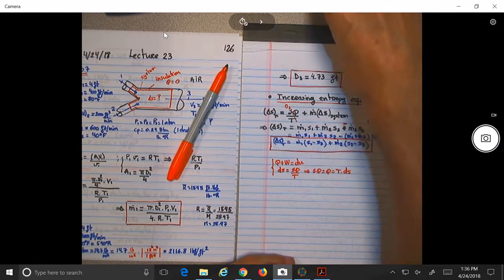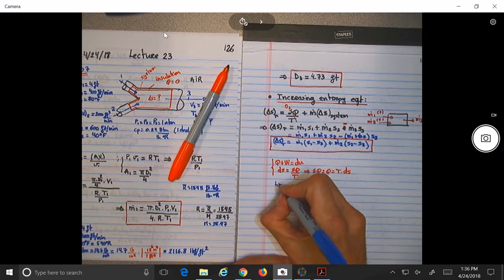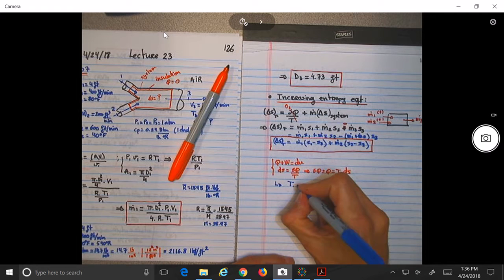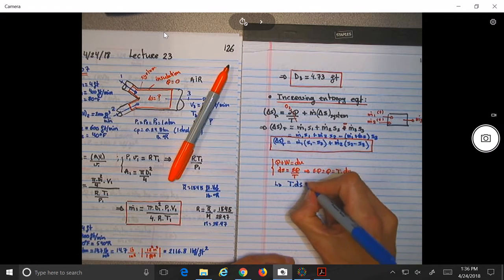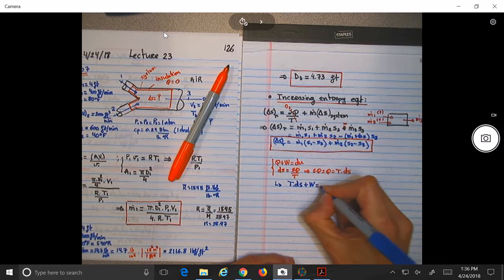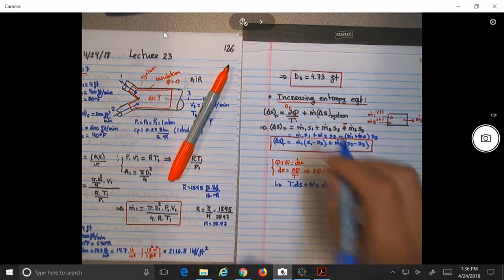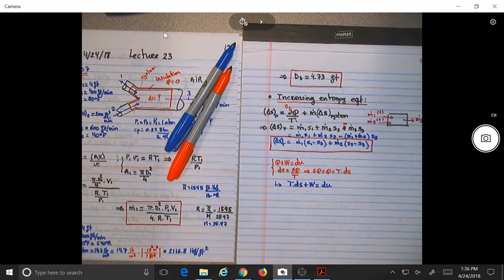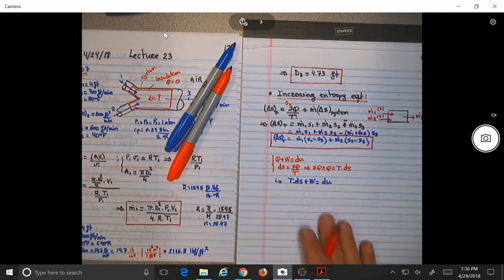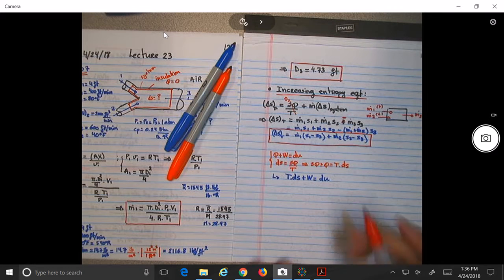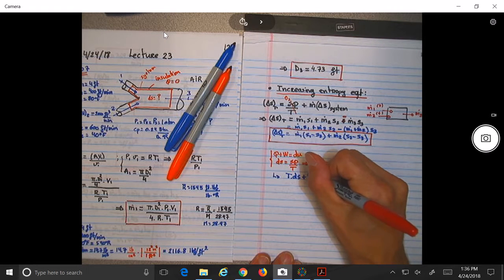So that means the equation above becomes TdS plus work equals dU. This is important; you need to know how to do this. Now, what is work?